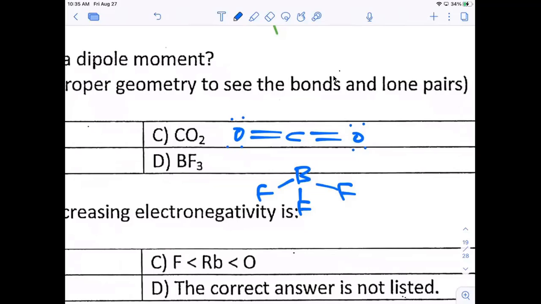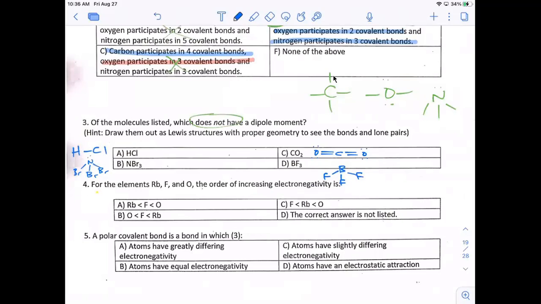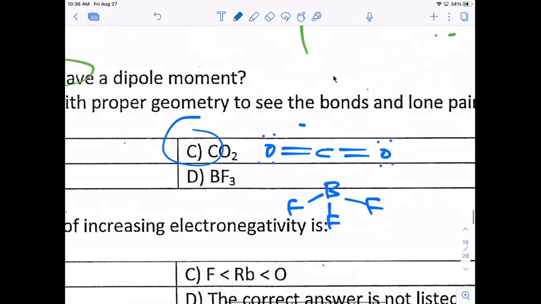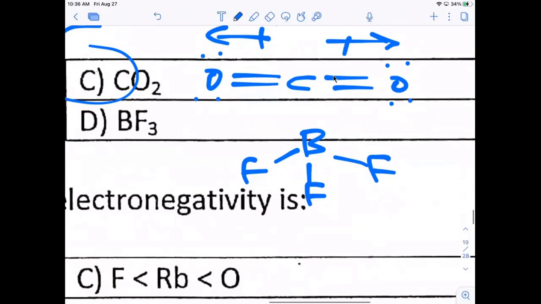What do you think? Which one is not going to have a dipole? The CO2, very good, right? It's symmetrical and the dipoles are going to cancel. If I look at BF3, all of these dipoles are moving in the same direction towards fluorine.